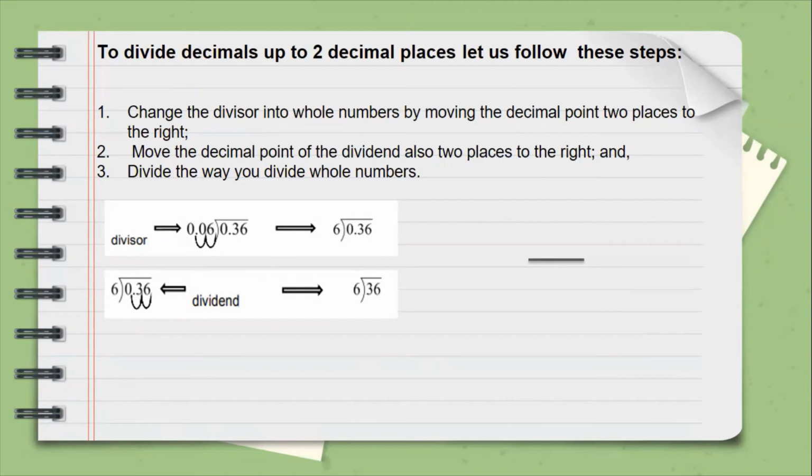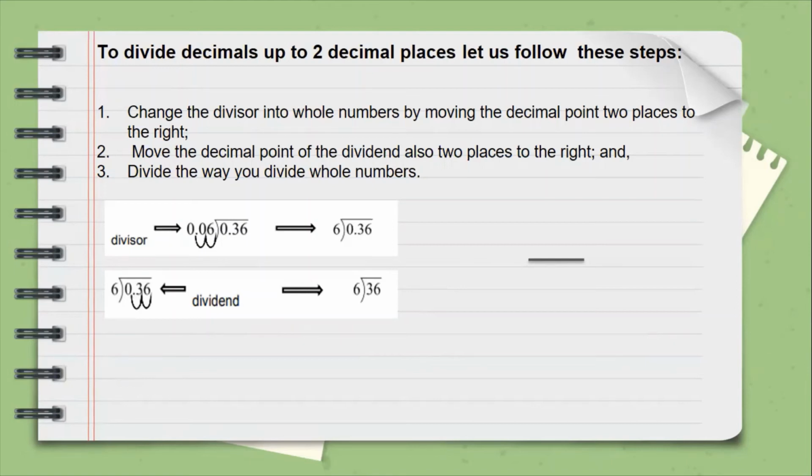Awhile ago, we moved the decimal in our divisor 2 places to the right. We need also to move the decimal point of our dividend 2 places to the right. So let us move 1 and 2. And that makes it a whole number 36. Since we already moved the decimal, that's the time that we could now start dividing.